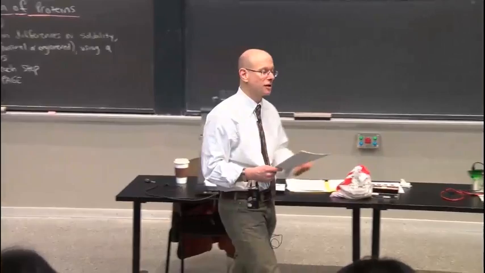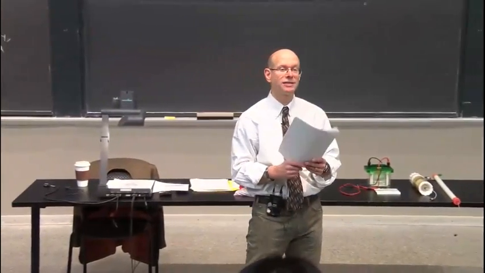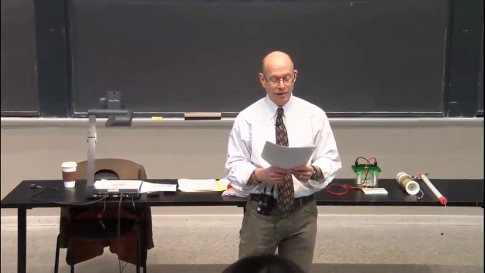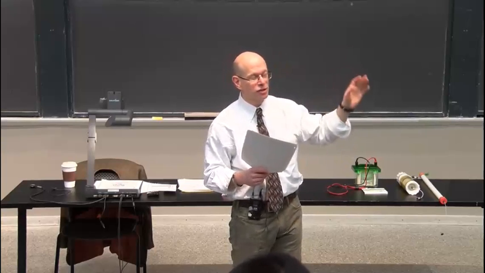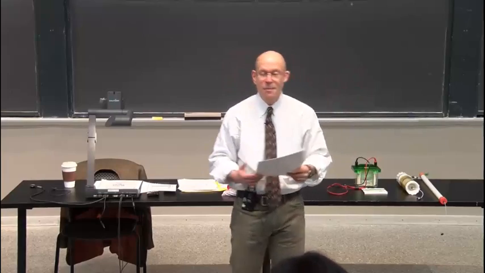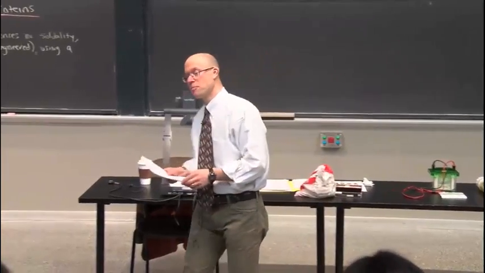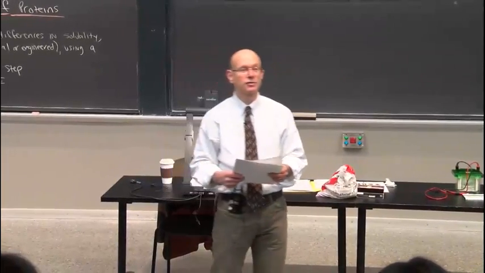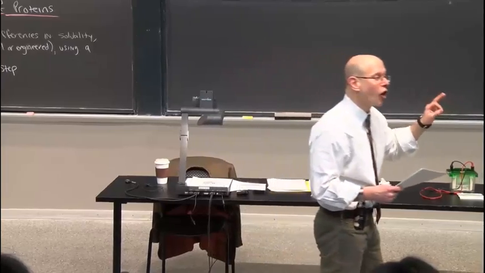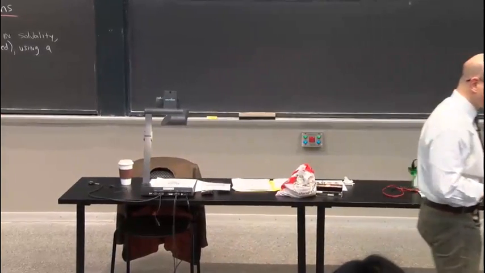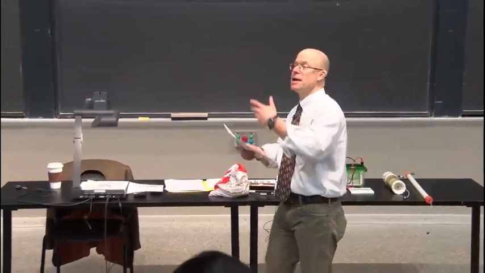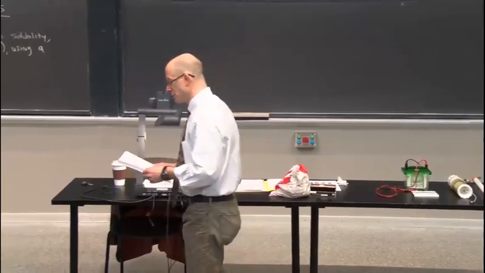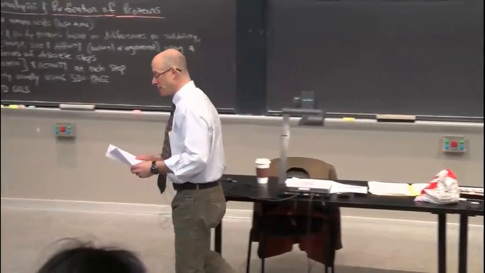And of course, as we talked about, everything is based on 20 amino acids. And so the fact that we can take 20 amino acids and make proteins that do such a diverse range of things means that those 20 amino acids are a pretty cool set of Lego bricks, right? That we can use to make all kinds of amazing molecules. And to understand this, we have to understand the different properties of each of the amino acids.